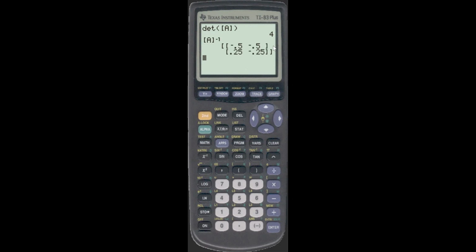Now, if you don't like decimals, you can change that into a fraction by hitting math, enter, and that'll convert it to fractions. I'm going to try and write some of these down so that you can have them. That gives you fractions. Gotcha.